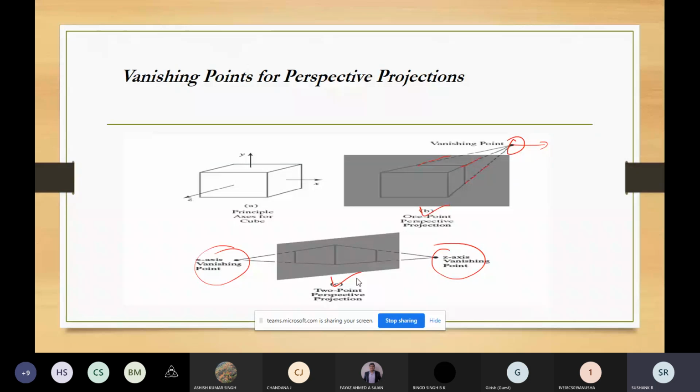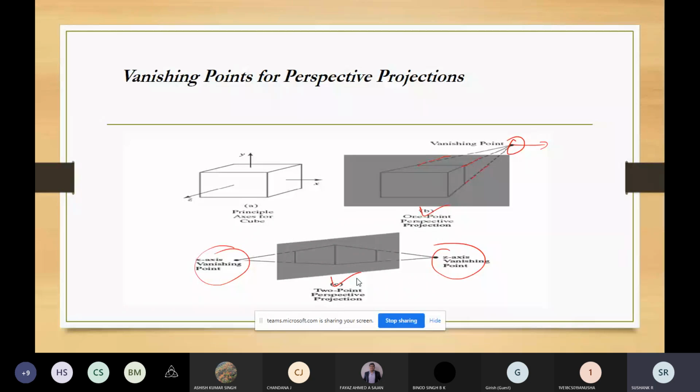Here we have images where B is representing the 1 point perspective projection, where the plane is parallel to the XY object and it is intersecting only with the Z axis.